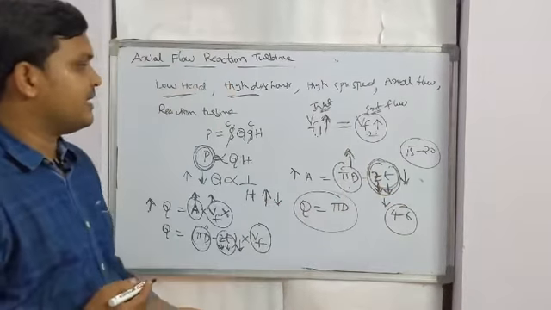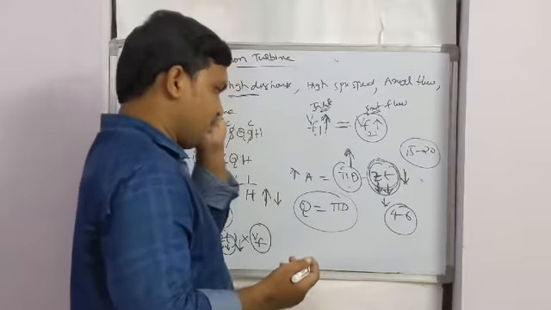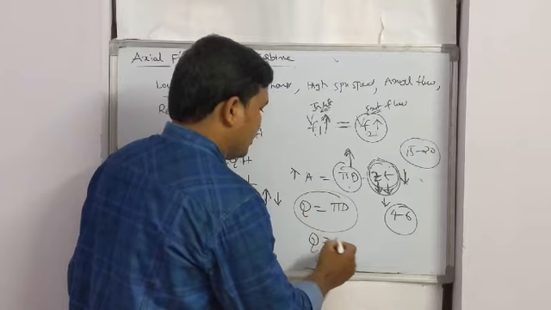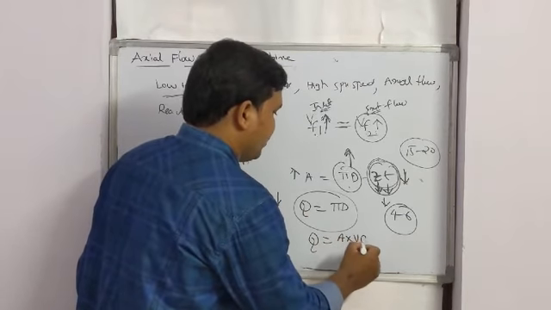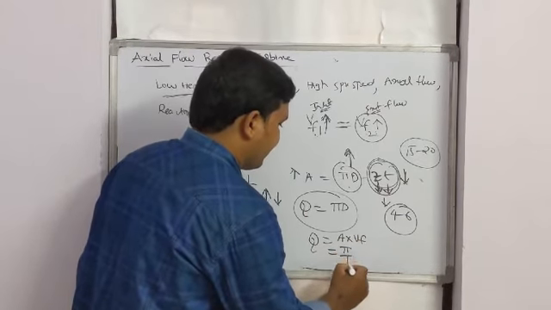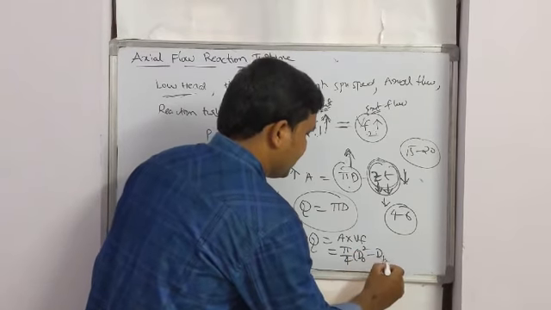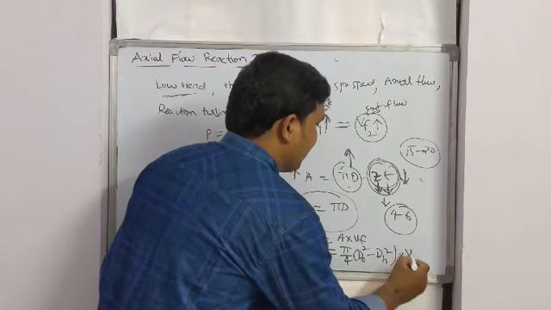When the number of blades decreases, the area of the flow increases. Therefore Q is equal to area into velocity of flow, so Q is equal to pi by 4 into do square minus dh square, into velocity of flow.